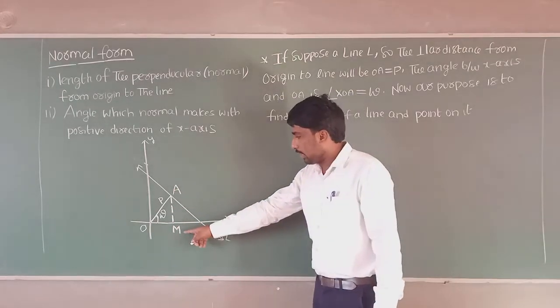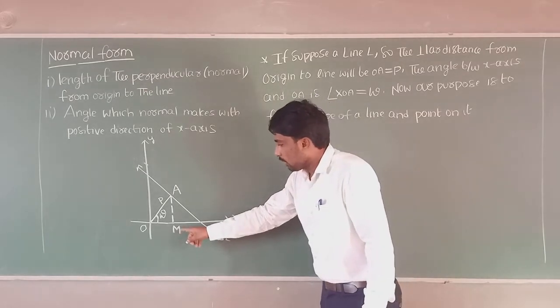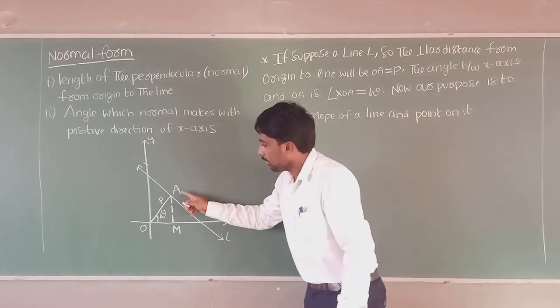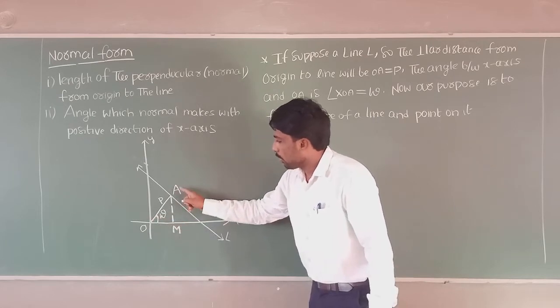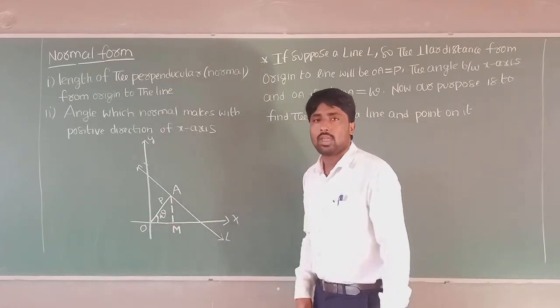It intersects the x-axis at point M. If you observe clearly, this is triangle MOA, or triangle AOM. So by using this triangle AOM, I have to find the coordinates of A.